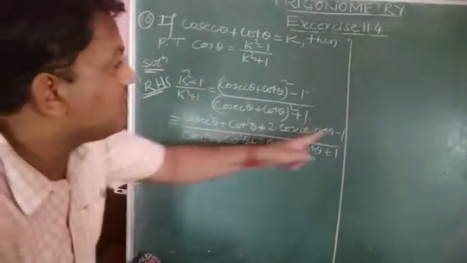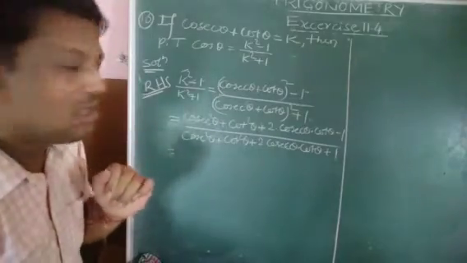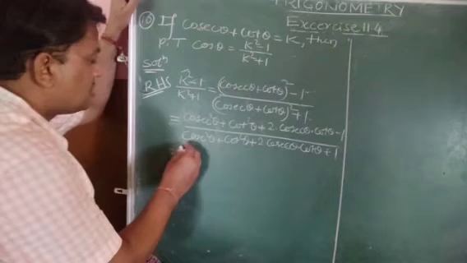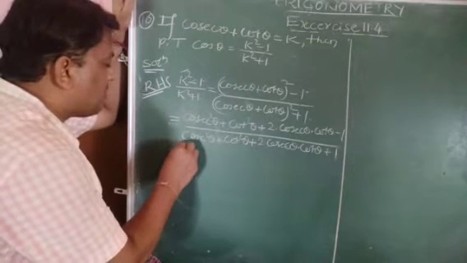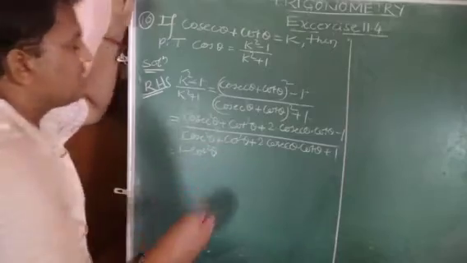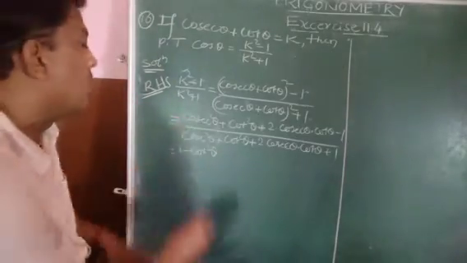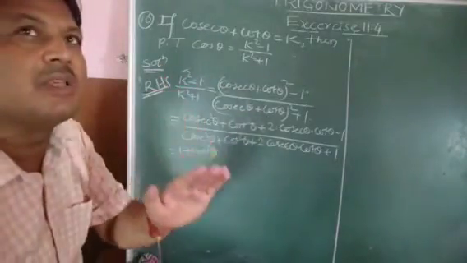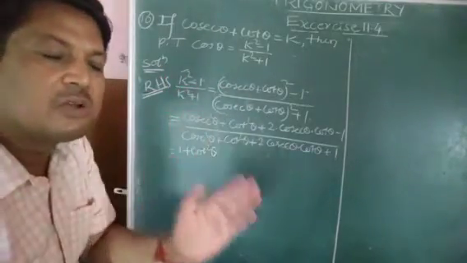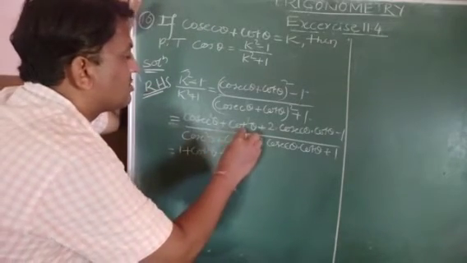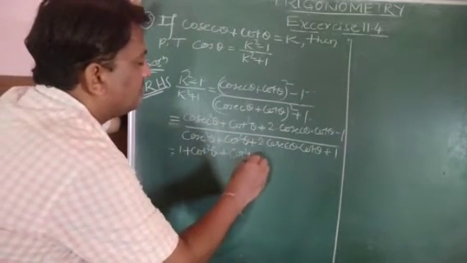That 1 and this minus 1 will be cancelled. And cot square theta will become 2 cot square theta. So write down, in place of cosec square theta, I am writing 1 minus cot square theta. Is it correct? No. 1 plus cot square theta. Why? Because cosec square theta minus cot square theta is equal to 1. So cosec square theta is equal to 1 plus cot square theta. Plus this cot square theta.